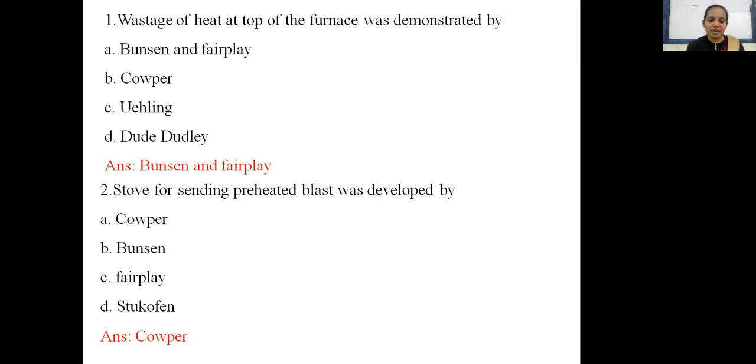It was developed by Cowper. The person's name is Cowper. Bunsen and Playfair demonstrated that enormous heat is wasted at the top from the gas, so that gases can be used after cleaning as a fuel and as a reducing agent. Then Stuckofen is a furnace which is the progenitor of the blast furnace.